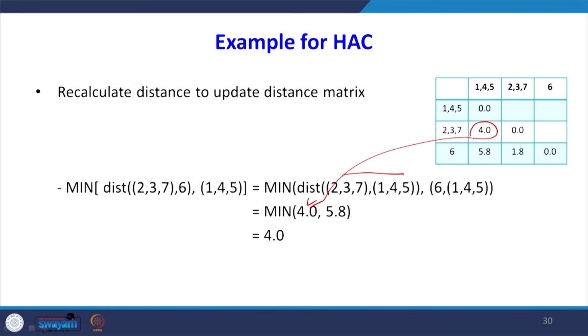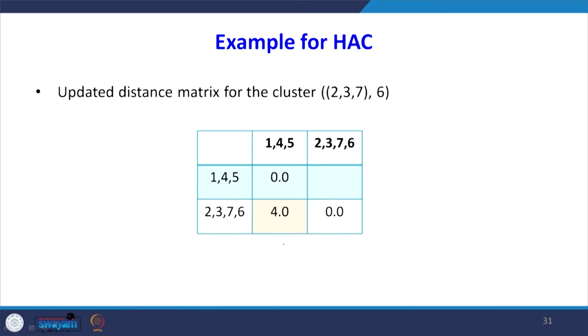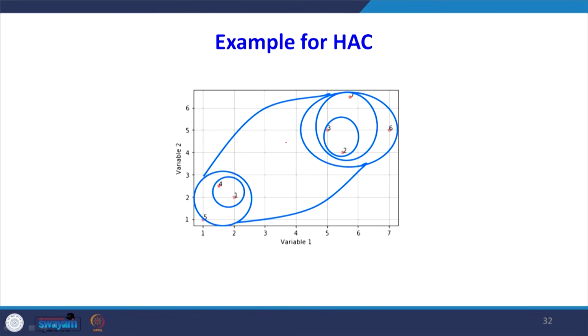The next one, 6 versus 1, 4, 5, that is 5.8. In that the minimum distance is 4. This is our updated matrix. Now, the minimum value is 4. So 2, 3, 7, 6 will join with 1, 4, 5. That is nothing but everything is joined together.